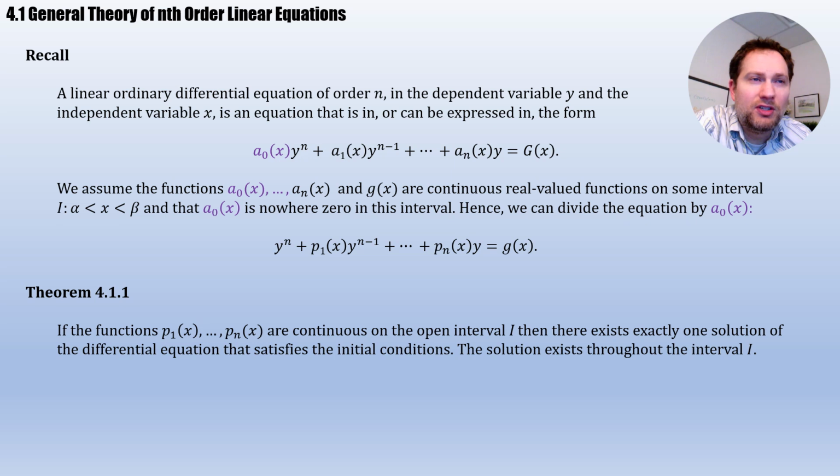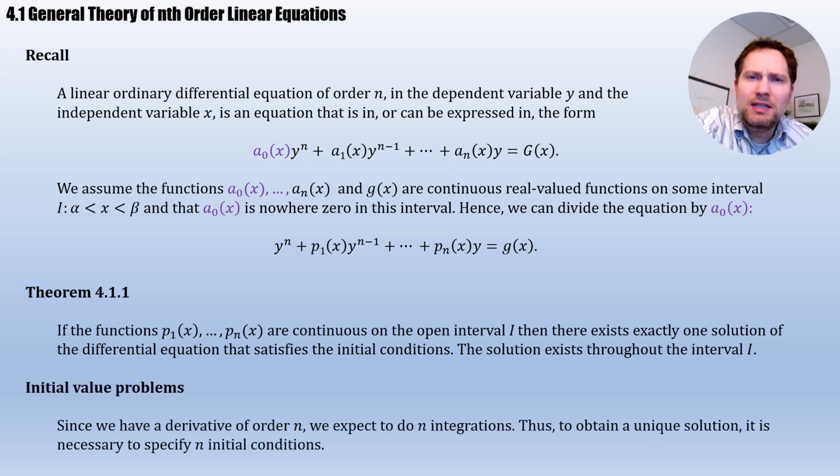If all of those functions are continuous, then there's an existence and uniqueness theorem that guarantees that we will have a unique solution on that interval I, some interval for which it's continuous, right? And similarly, we'll see plenty of examples as we go forward in these sections. We can also do initial value problems.